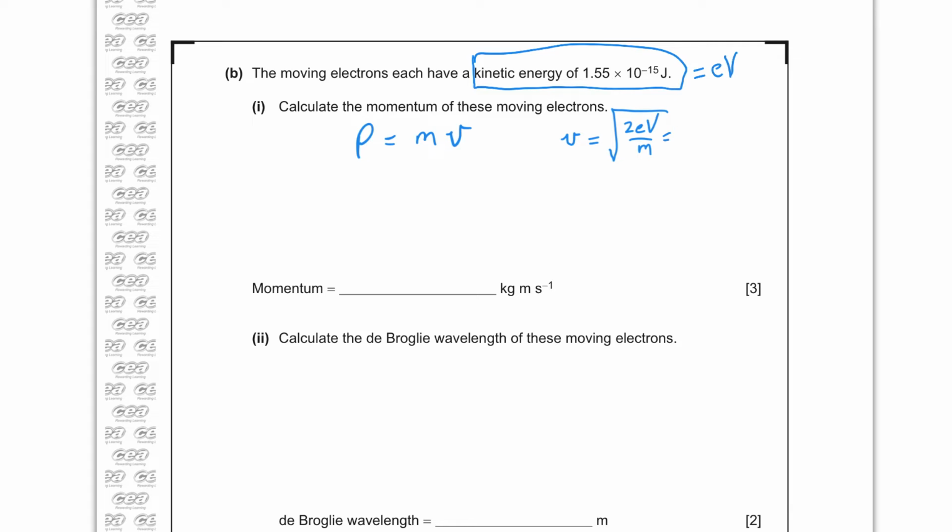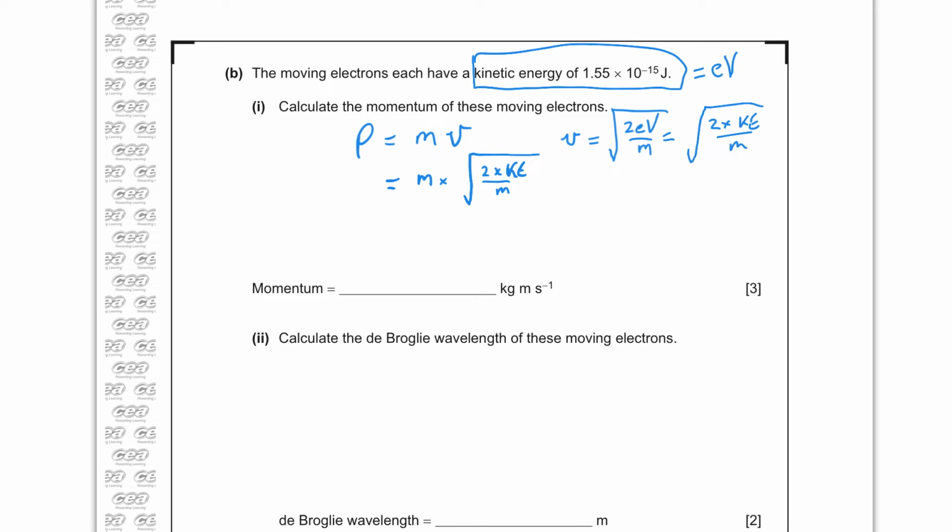So we could write this as v equals the root of 2 times the kinetic energy over m. So if p equals m times v and v equals this root, then p equals m times this root.